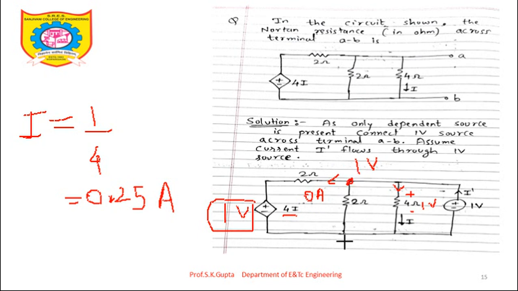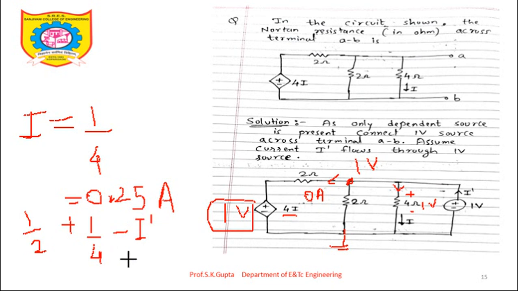Then this current is 1 minus 0 upon 2, since this is the ground terminal, that means 1 by 2, plus this current will be 1 minus 0 upon 4, that means 1 by 4. This current is already 0. And this current is in the opposite direction, so I will take it with minus I dash.